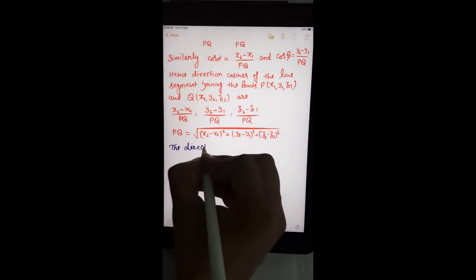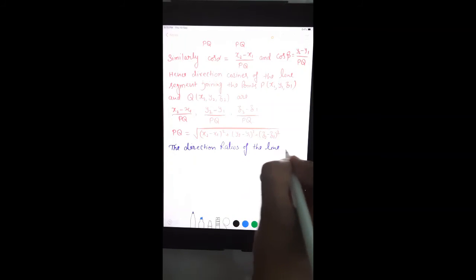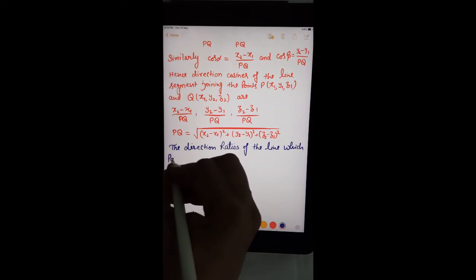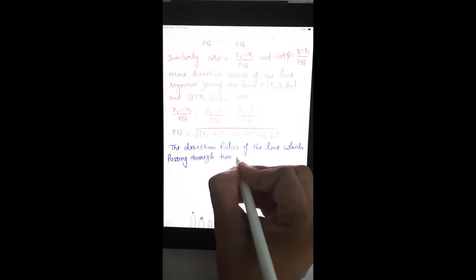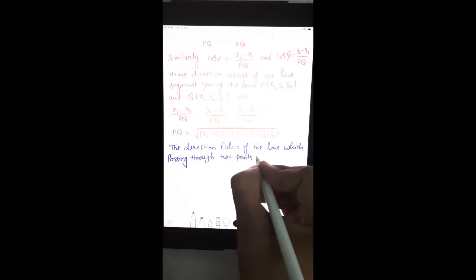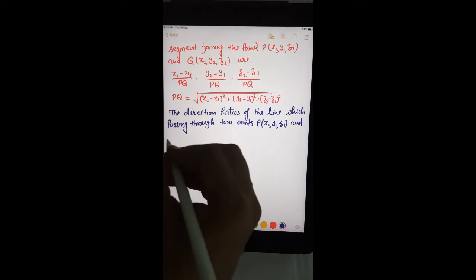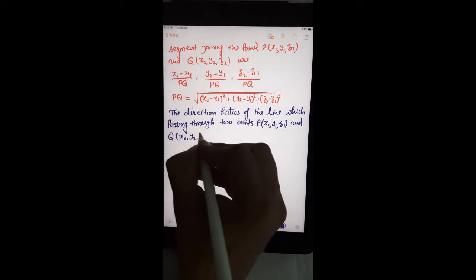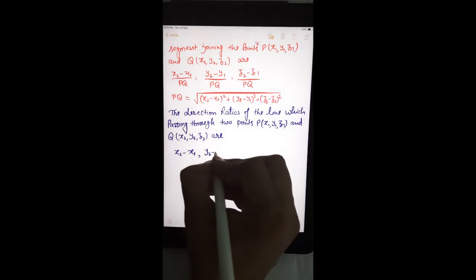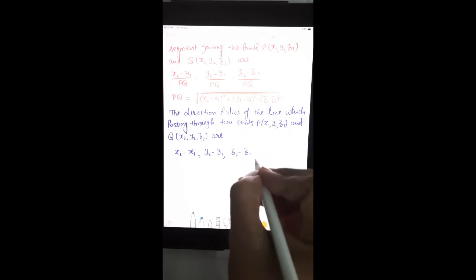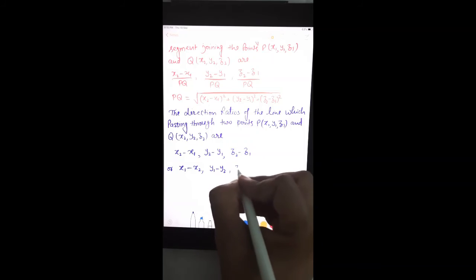The direction ratios of the line which is passing through two points (x1, y1, z1) and (x2, y2, z2) are x2 minus x1, y2 minus y1, z2 minus z1, or the other set will be x1 minus x2, y1 minus y2, z1 minus z2.